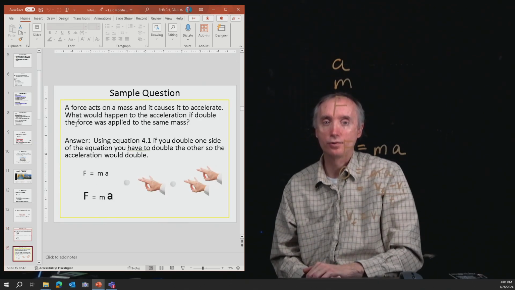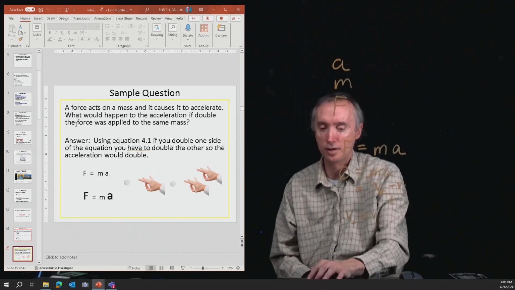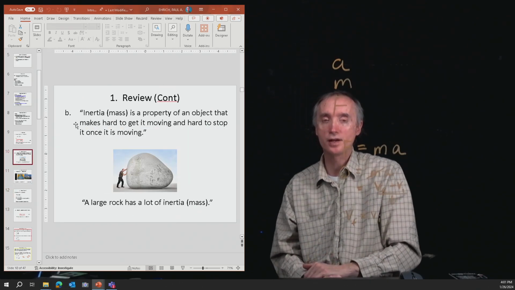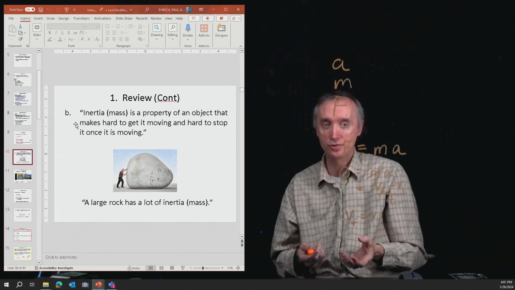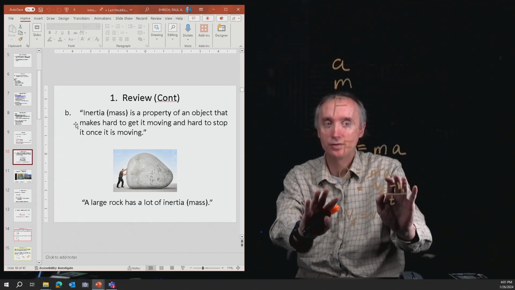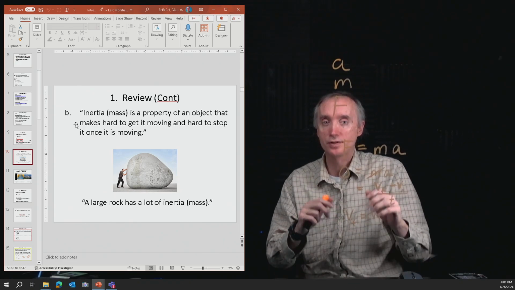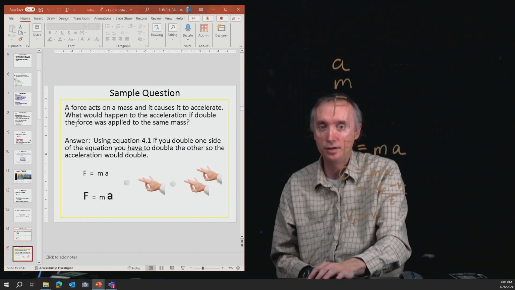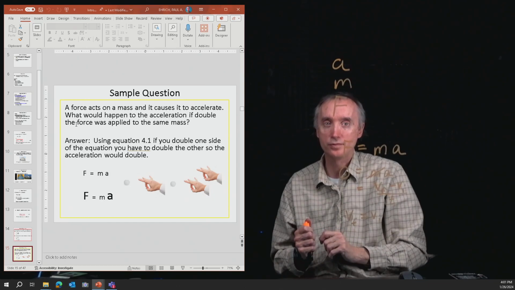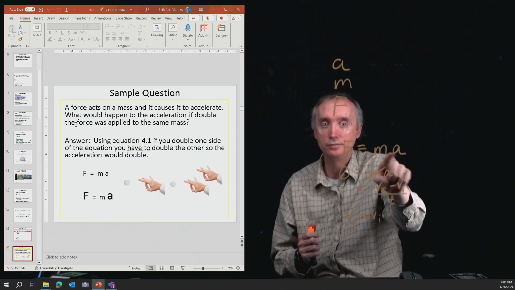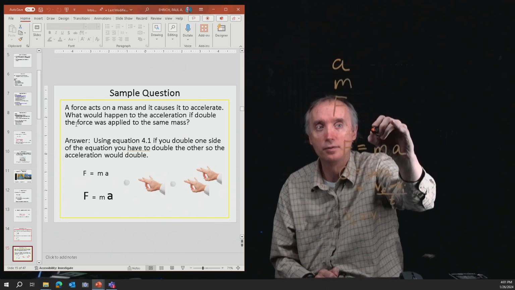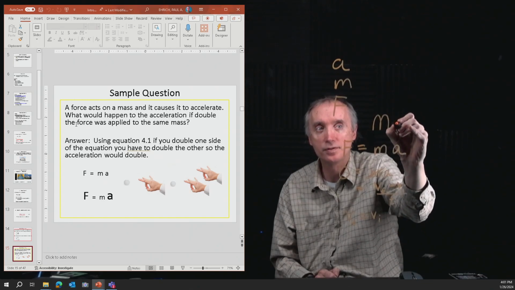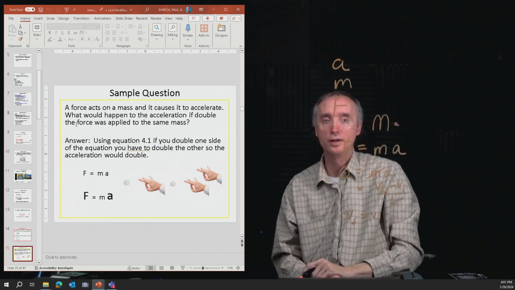Okay, another thing I'd like you to realize is if we go back to this one, where we said that the more massive the object, the harder it was going to be to get it to move, and then the harder it was going to be to stop it from moving. Well, that is, if we go back to here, in this statement. So if force equals ma, if you have a very massive object, so if the m gets bigger, then what happens is the a will get smaller in order to compensate.